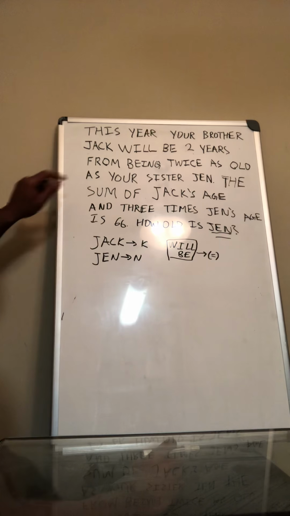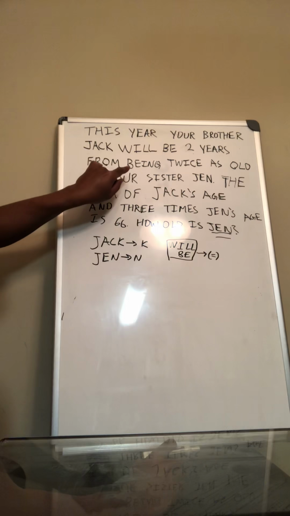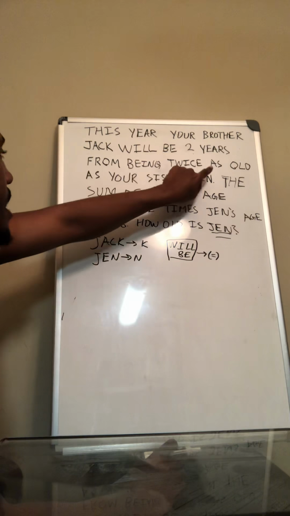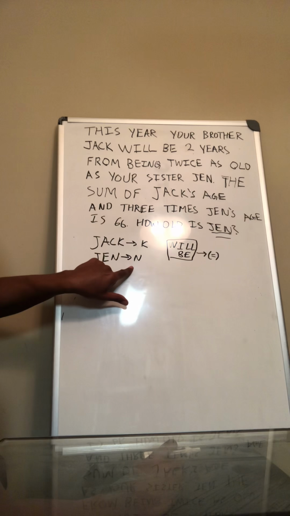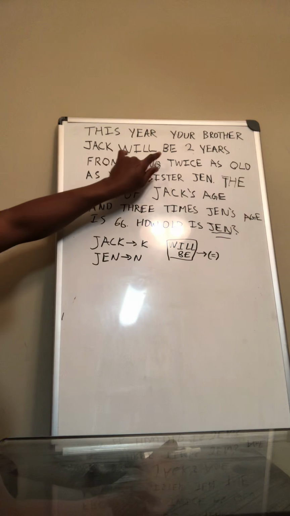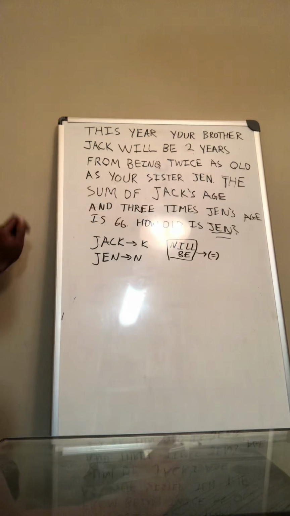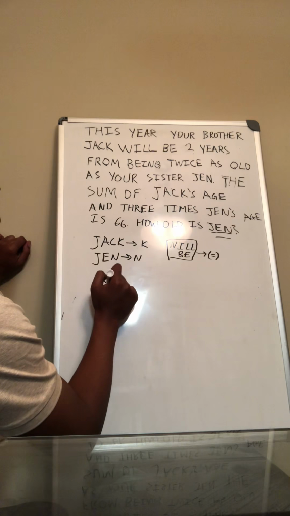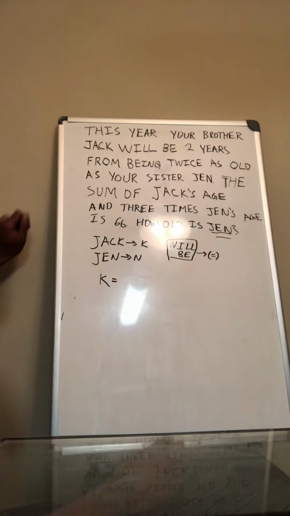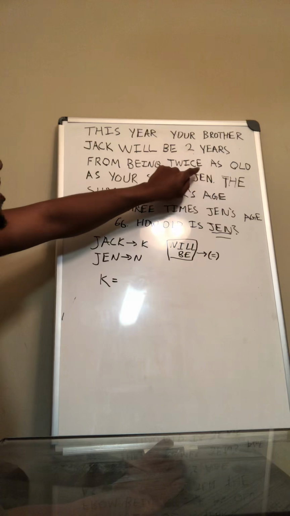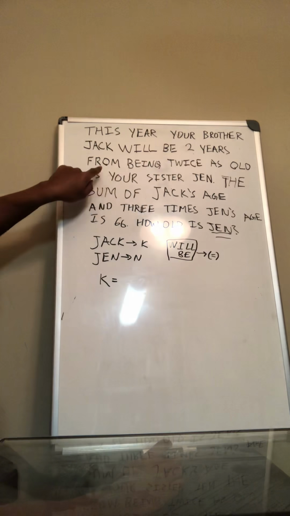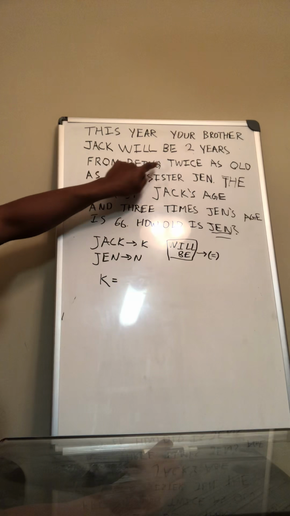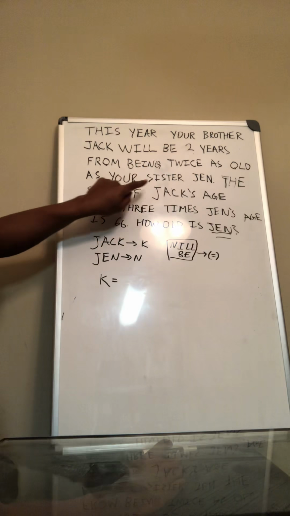So we say Jack will be 2 years from being twice as old as your sister Jen. So Jen is N. We've already identified that. So Jack K will be 2 years from being twice as old as your sister Jen.